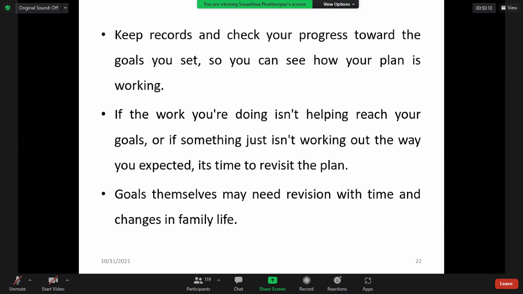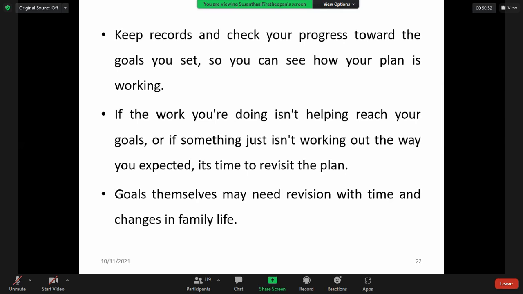If there are any problems, we can recheck our action plan and implement it again. If the work you are doing is helping to reach your goals, good; or maybe the action plan is not suitable for the farm in the long term, and you can revisit your plan and make corrections. From time to time you want to check your records and revise your farm plan.